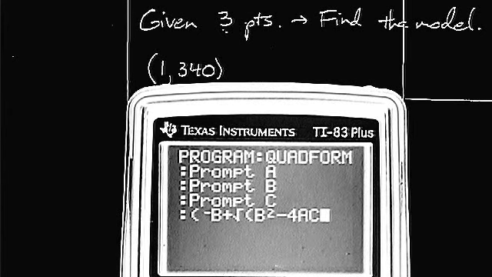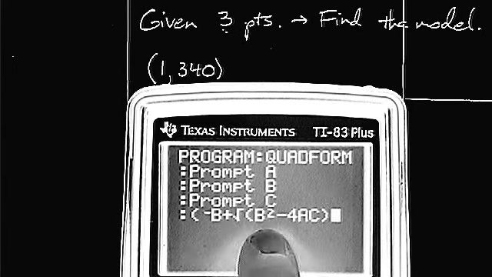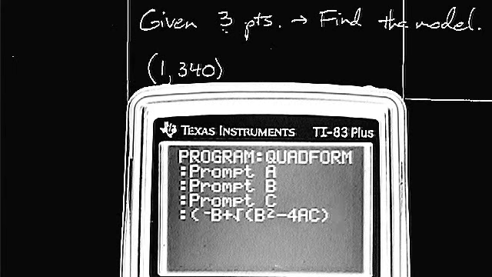So like you'd have to use the alpha A and then the alpha C in order to get the A and the C to appear on screen. Okay? So that's negative B plus the square root of B squared minus 4AC.